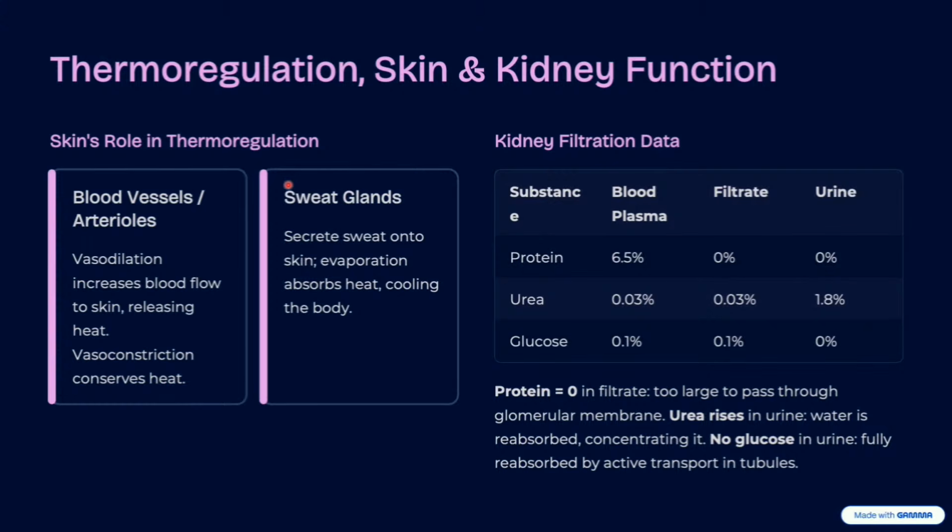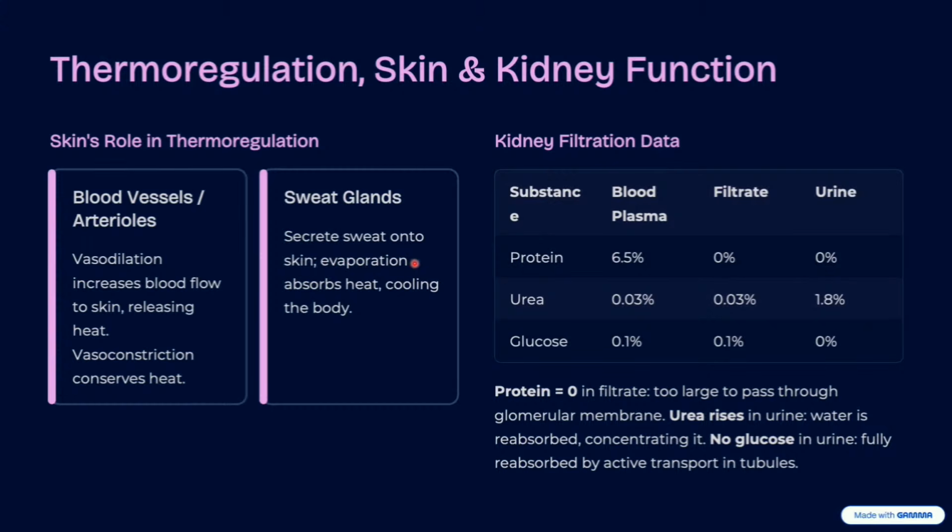Number 2, we are looking at the sweat gland. So in the sweat gland, of course, we are talking about when it is hot, what happens? The sweat gland will secrete more sweat to the skin.